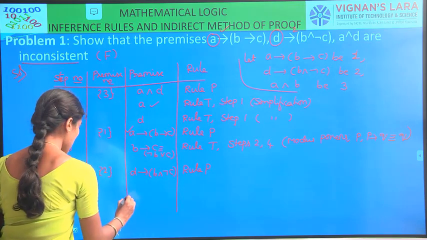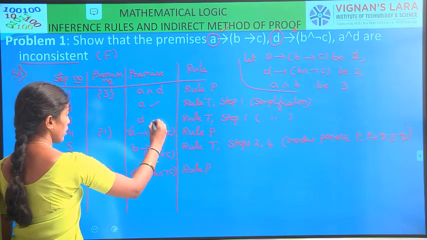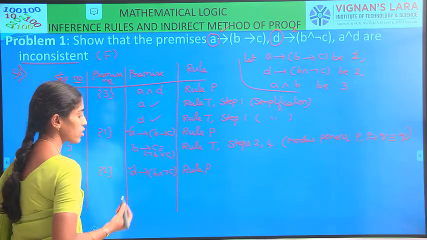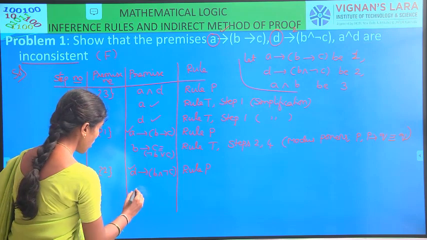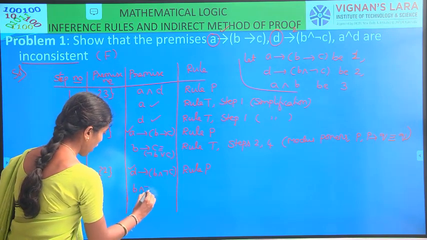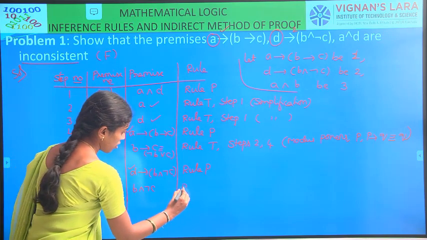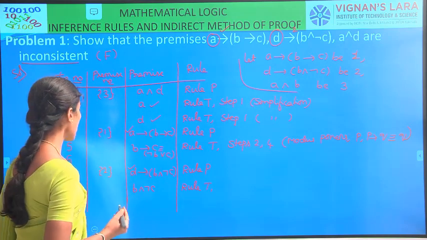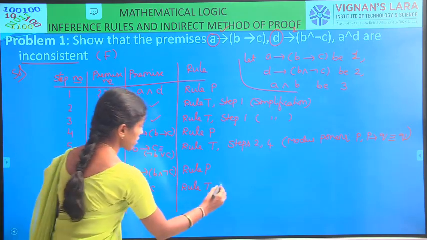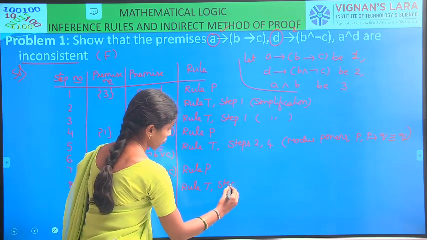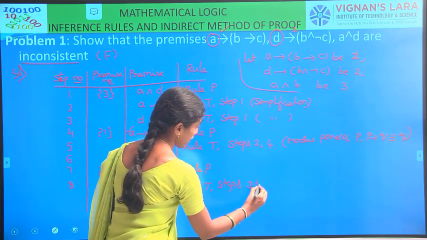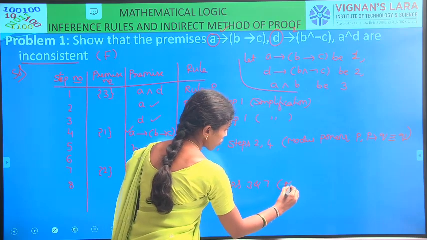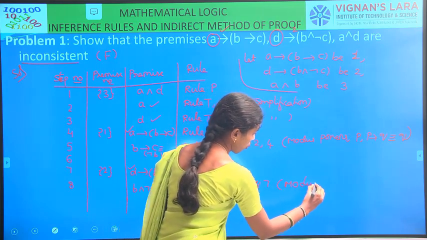Now in the next step, we have D as well as D conditional B and negation C. From this I get B and negation C by using derivation, so rule T. Which steps are we using here? Steps 3 and 7. And also using the formula of modus ponens.